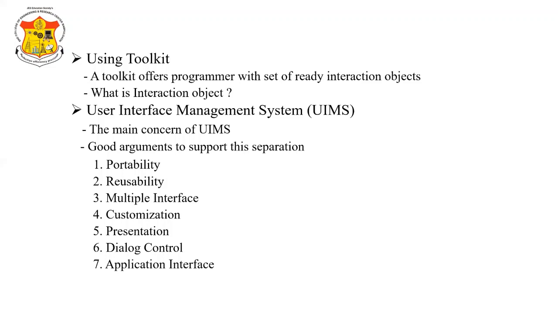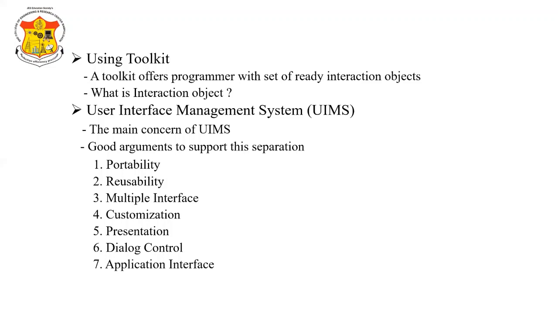There is need for added support for programmers in the design and use of toolkits to overcome their deficiencies. So the set of programming and design methods which add another level of services for interactive systems design beyond the toolkit level are user interface management systems, that is UIMS.